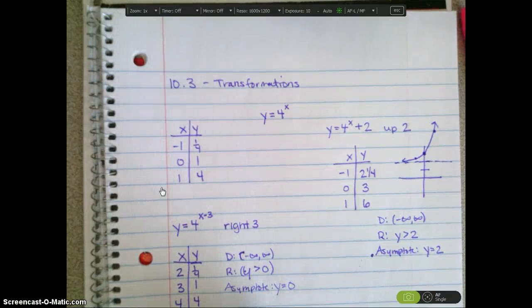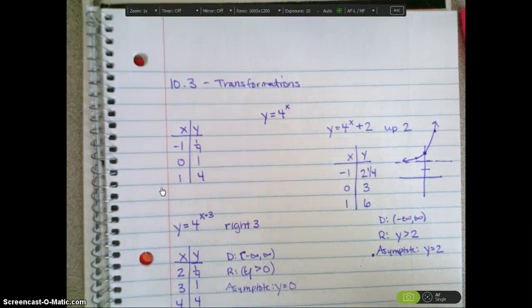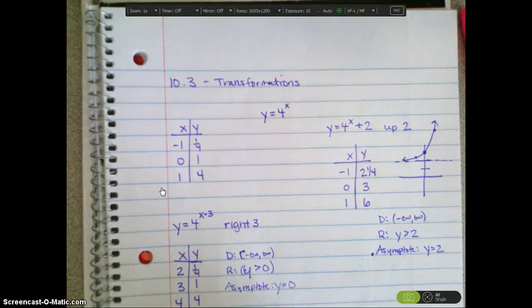If you put the negative sign in front, we said that is a reflection. And if you multiply by a value, kind of showing what we showed in 10.1, if I do 2 times 4^x, that would be the dilation. Reflections and dilations only change the y values. So these x values would still be -1, 0, and 1.